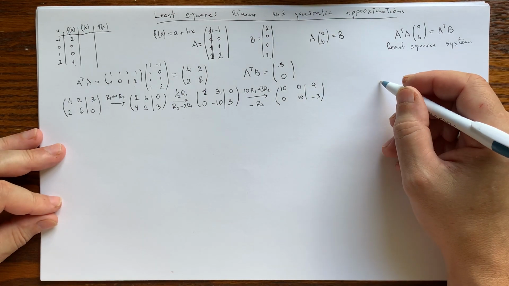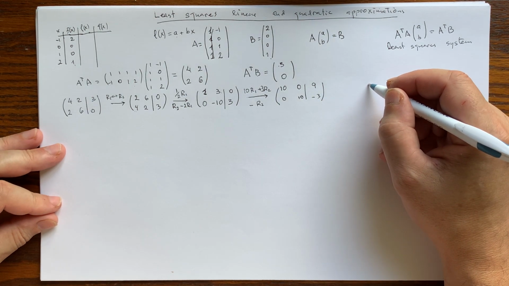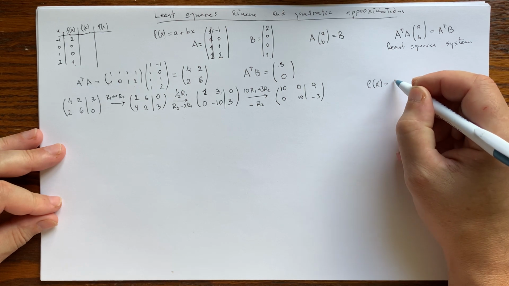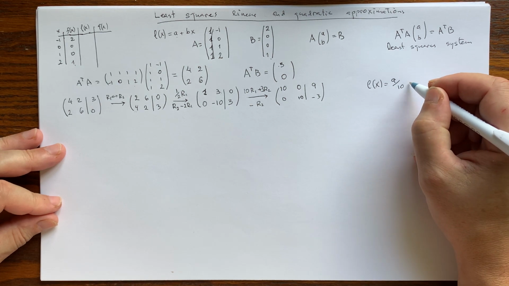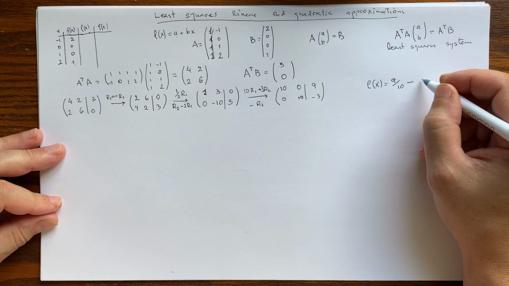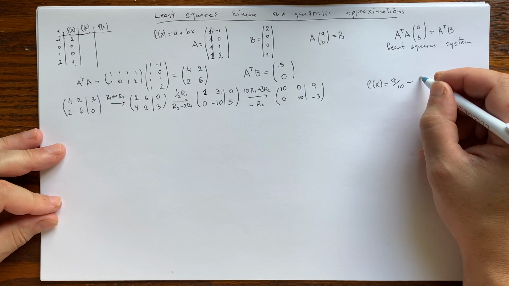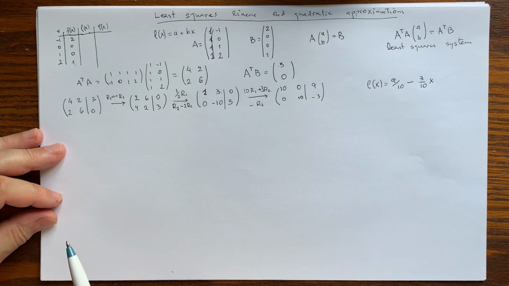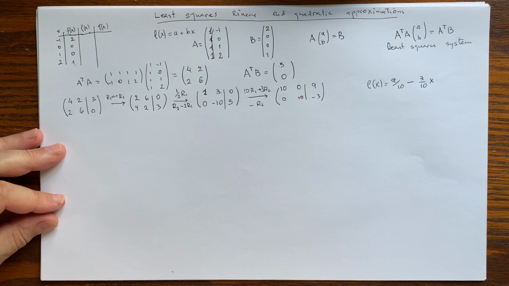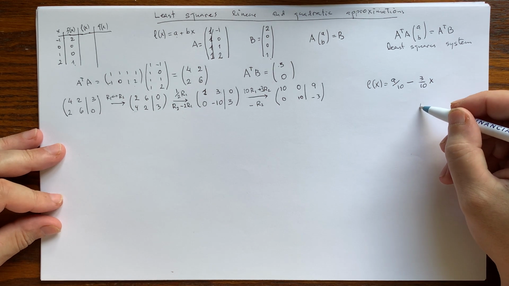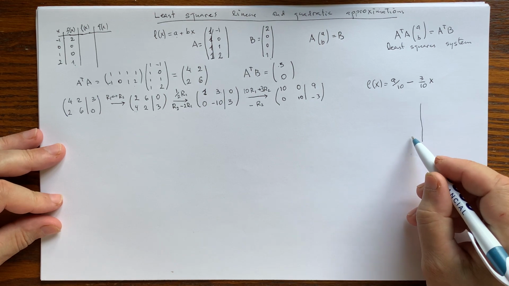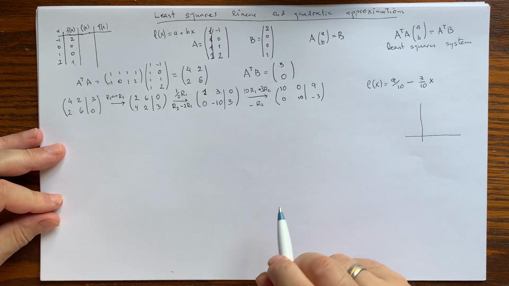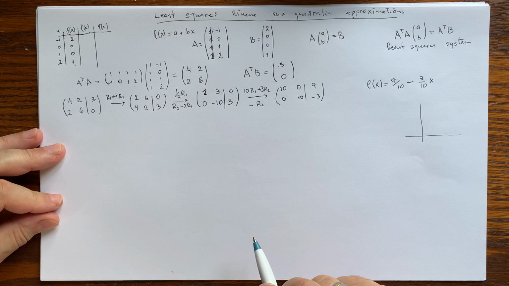A is 9 over 10. Our linear function will look like this, and then B coefficient is 3 over 10. And the values of this line, so maybe I should plot somewhere the points and draw the line eventually.